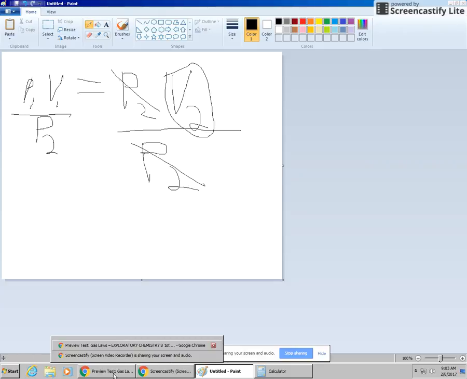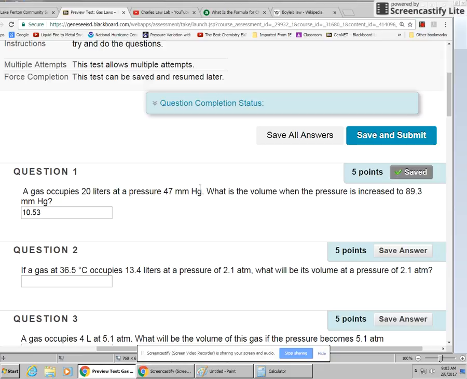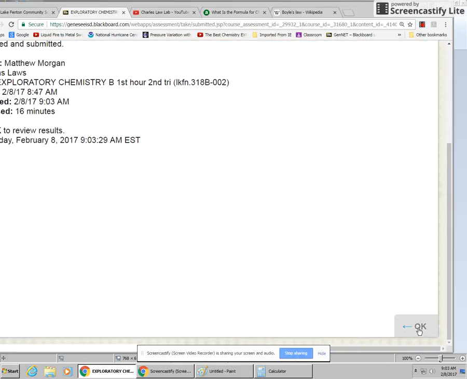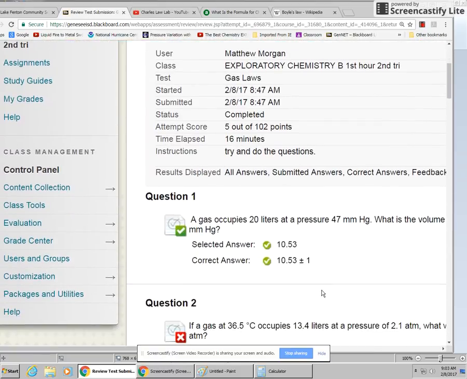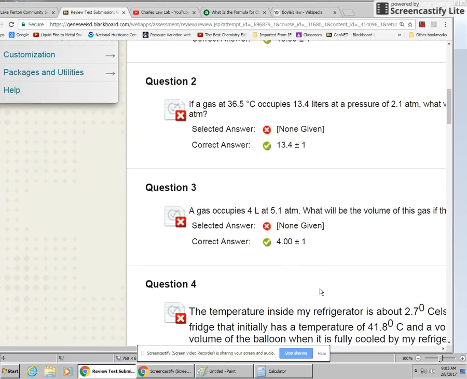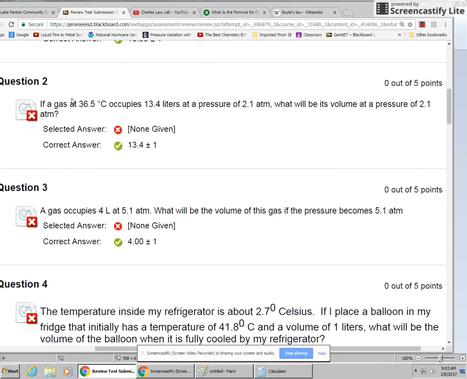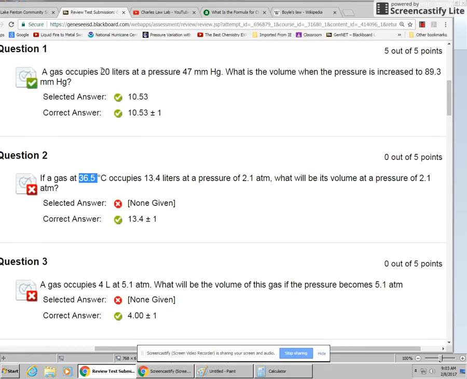An easier way to remember it is just first number times second number divided by third number. Let's see if we're right. Oh my gosh. All right. Now that is one that has to do with Boyle's law.